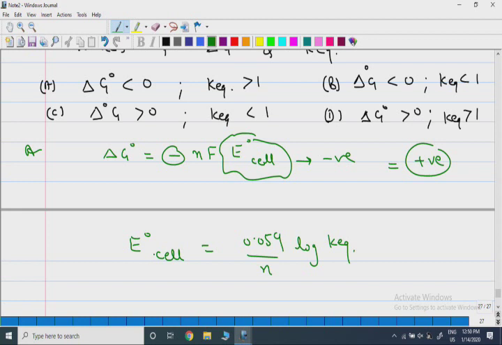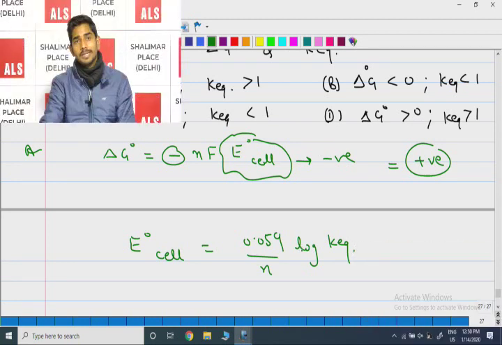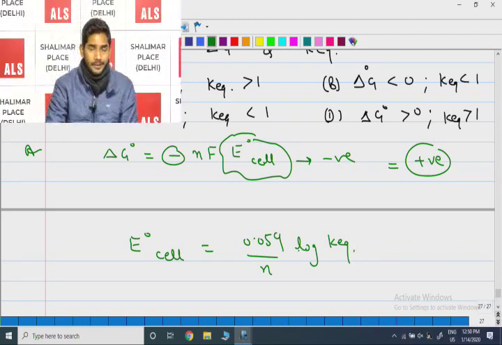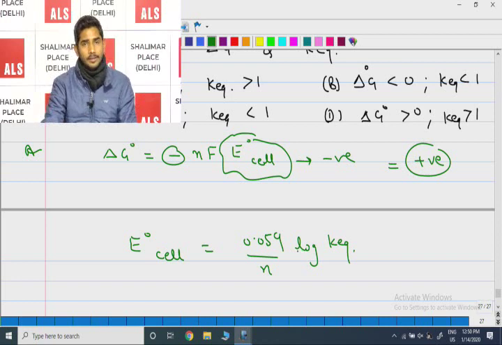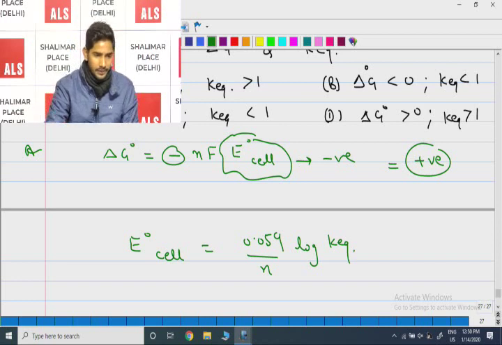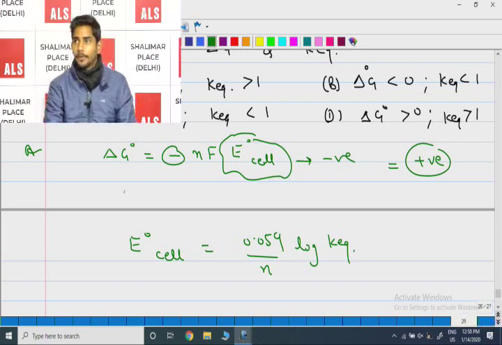So if E naught cell is negative, what can be the value of K equilibrium? This is only possible when K equilibrium is less than 1. So this is satisfied only in option C. This is how you can solve it.